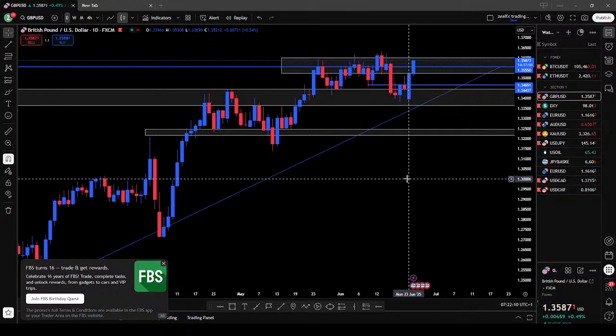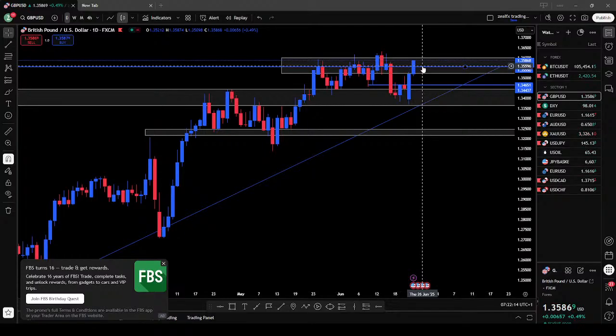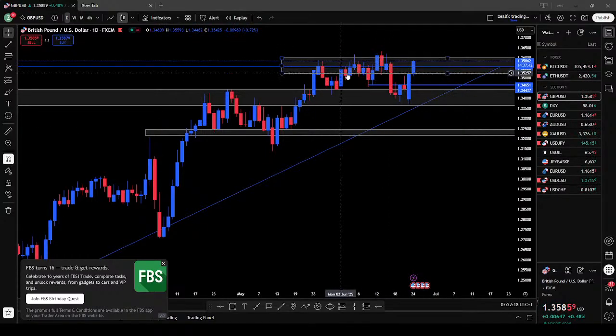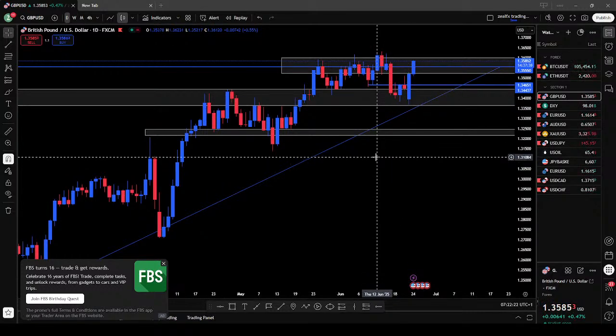So if price breaks out of this weekly supply zone, we expect more bullish uptrend movement. But if price fails, we might see a drop from this resistance level today. So let's be patient and wait for price to retest from that particular level.